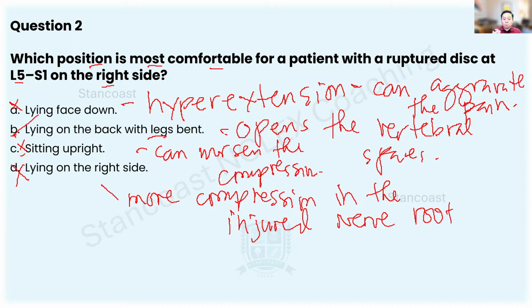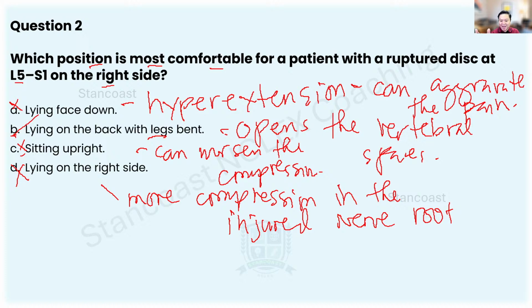It will open up those vertebral spaces. It will reduce the compression. And we're not just going to let this patient lay on the same position the whole time, right? We need to reposition. So if this is affecting into the right side, we can reposition them into their back with the legs bent. And also we can reposition them into the left side as a unit. Again, that would be your course of action here when you are repositioning the patient, but not placing the patient into the right side.